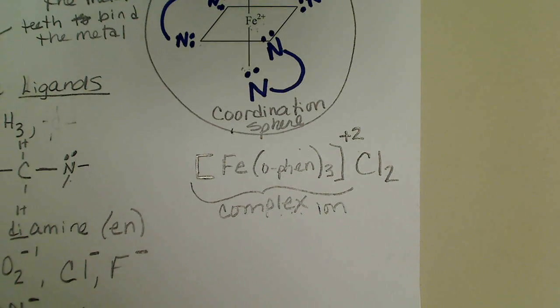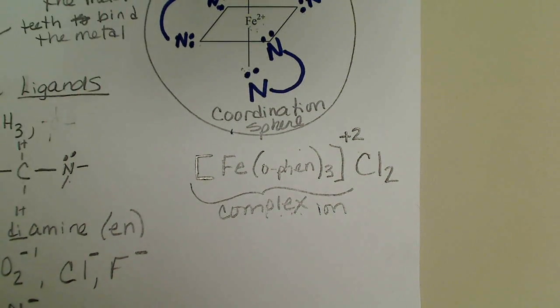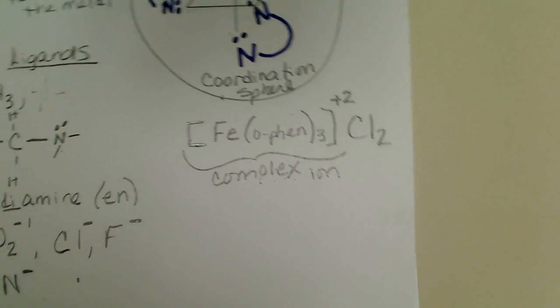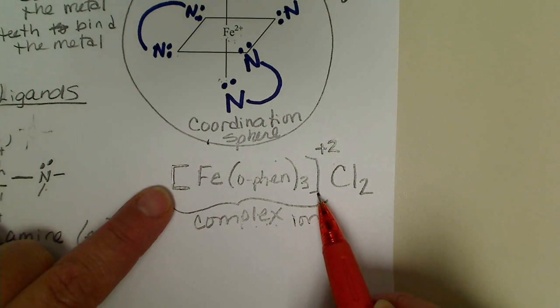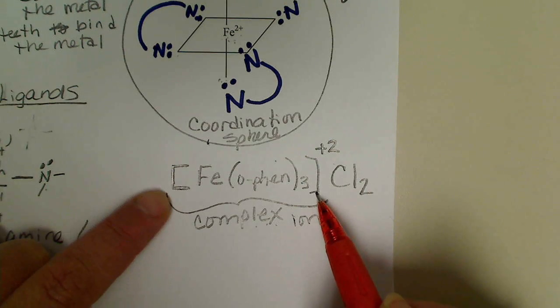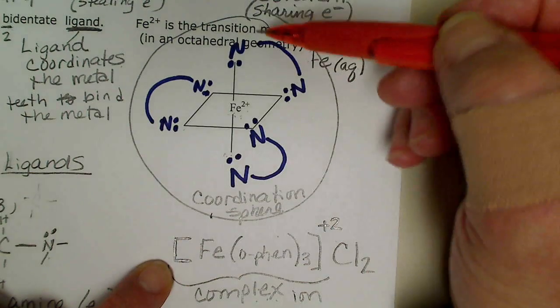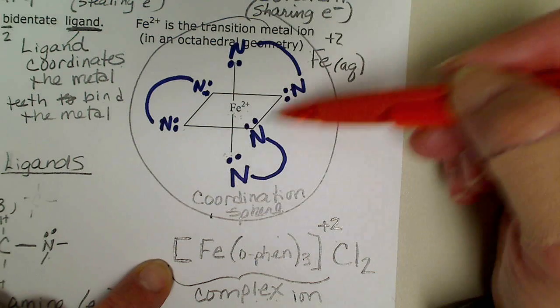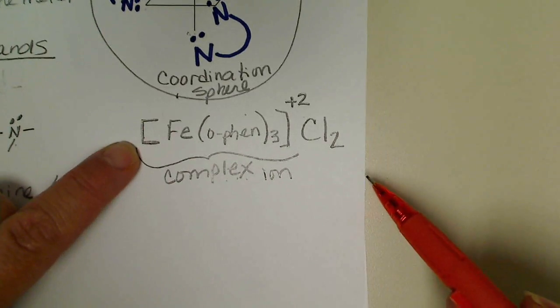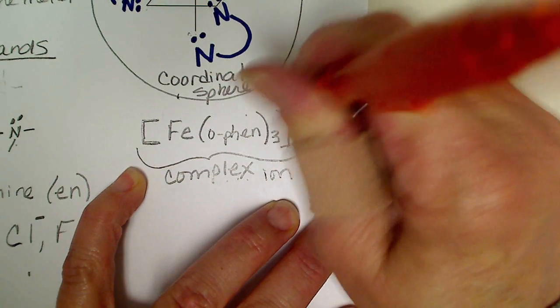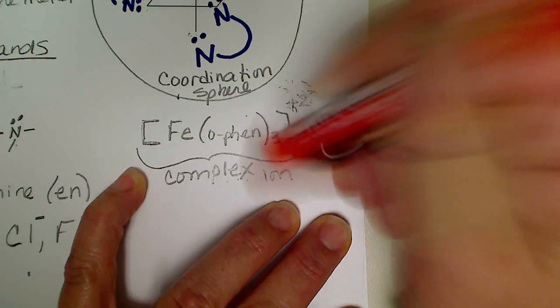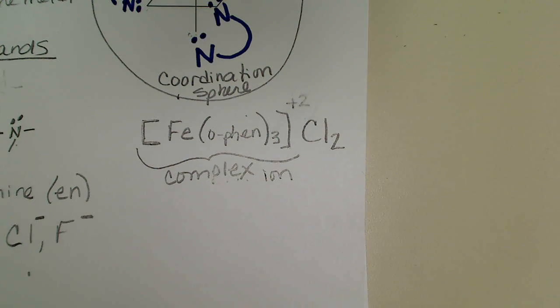So the formulas in this chapter are going to be very strange, and if we remember that what is inside the brackets in the formula is describing the metal with ligands around it, and then anything outside the brackets would serve to cause that entire compound to be equal to 0.